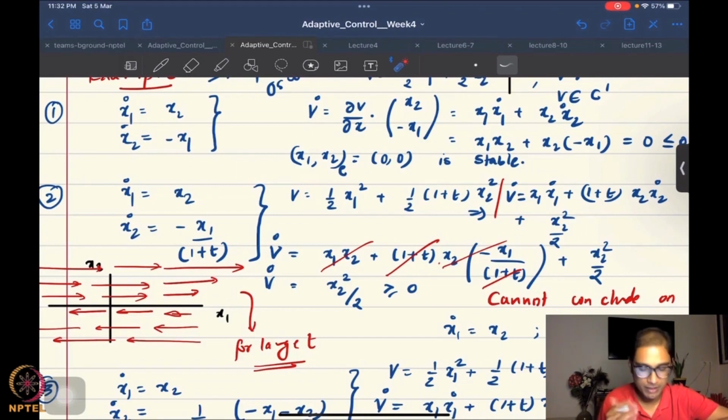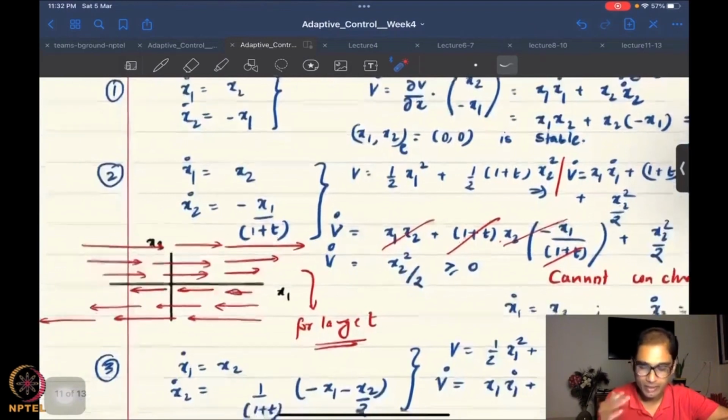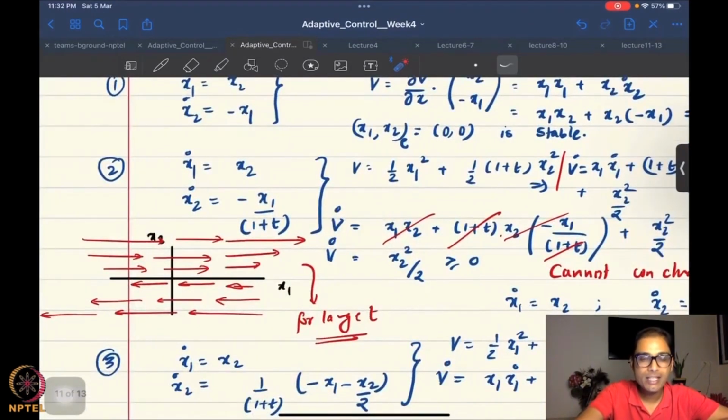So you can see how life can become really complicated even with simple nonlinear systems, and hence the rather difficult question of analyzing nonlinear systems for stability. All right, so this has always been a rather rich area of research and continues to be, simply because every single nonlinear system poses a new challenge as far as control design is concerned, as far as stability analysis is concerned, right?